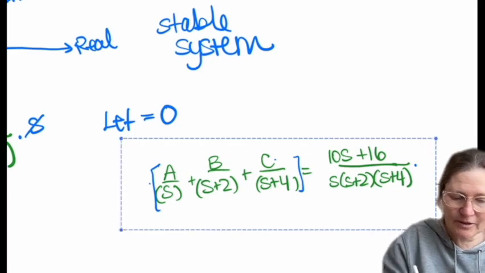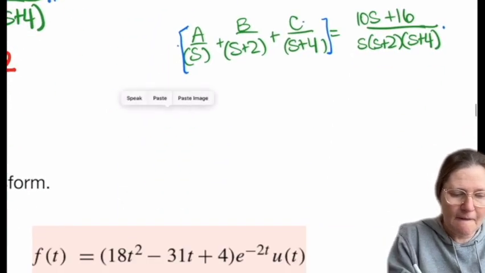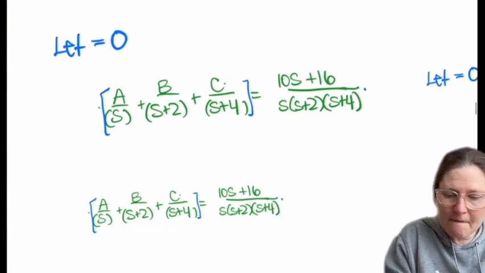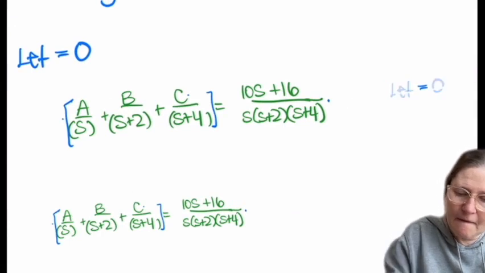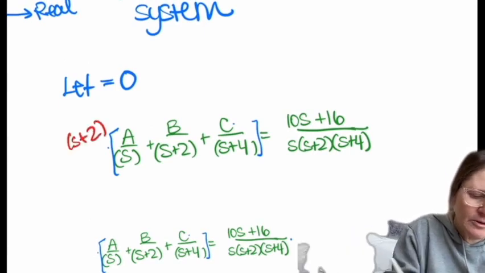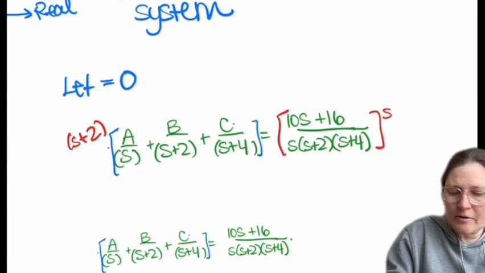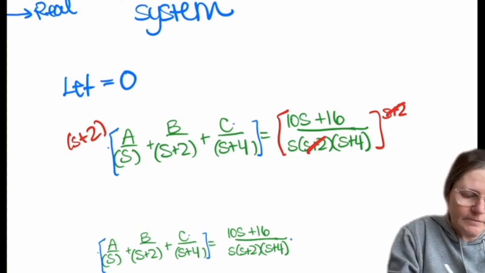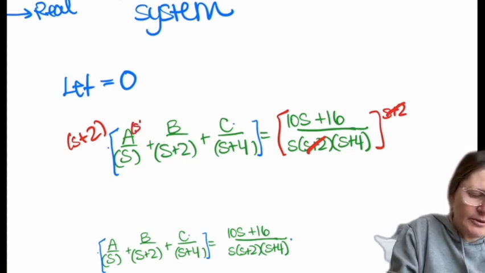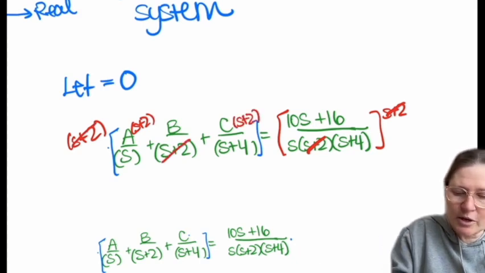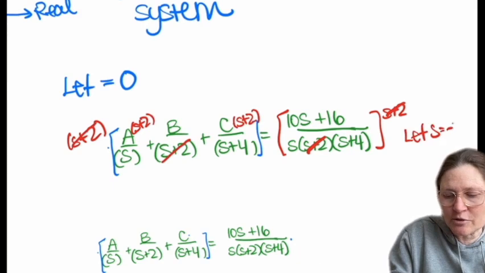So I'll do s plus 2 on both sides. That will get rid of that one on the bottom, and s plus 2 on the top here. Then that will remove that one there on the bottom. And then I'm going to let s equal minus 2.